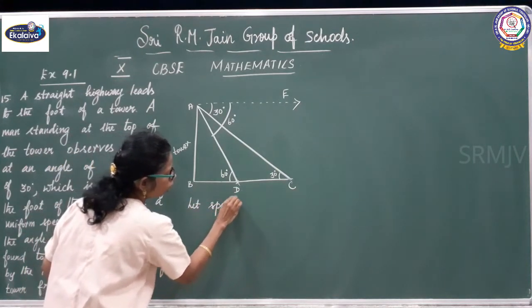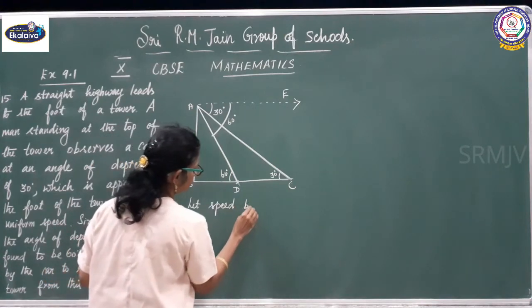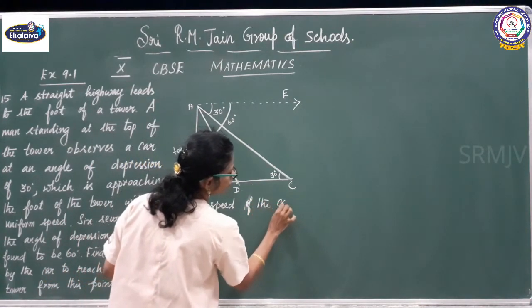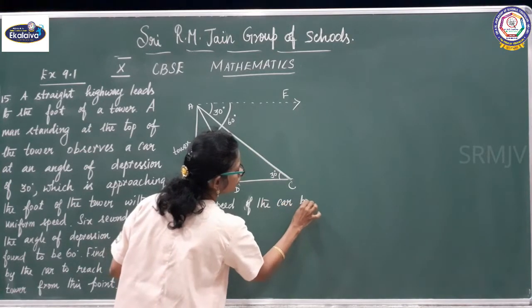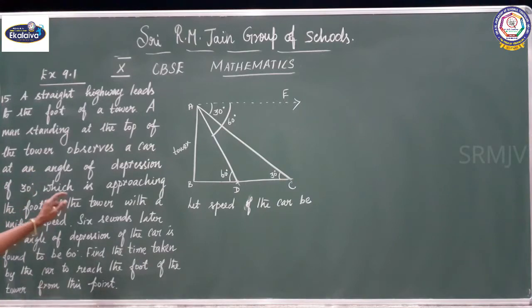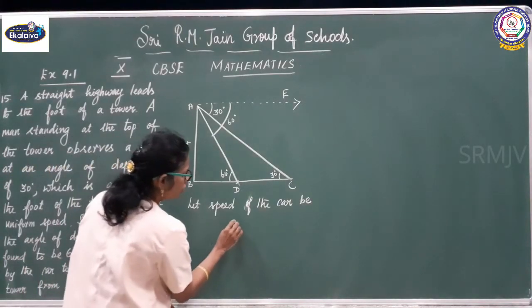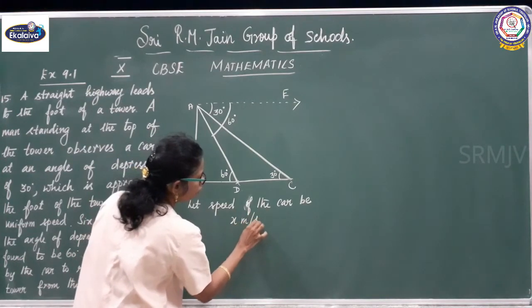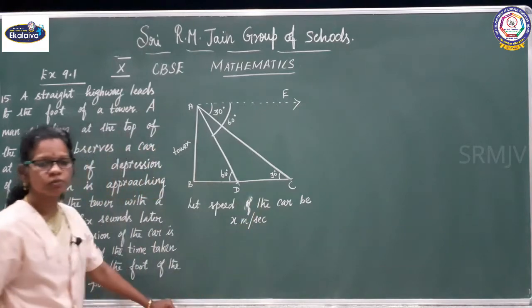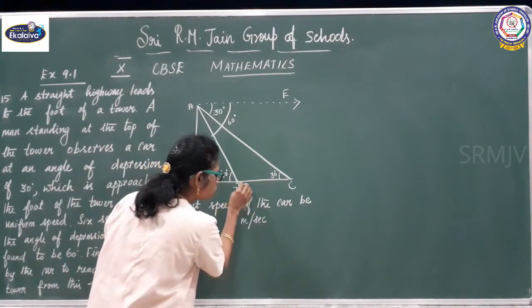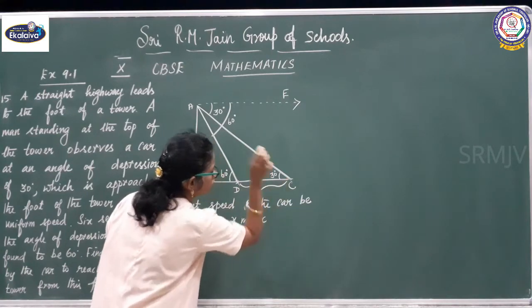Now let the speed of the car be x meter per second. That is what they mentioned here, after 6 seconds only. So what is the distance between D and C?